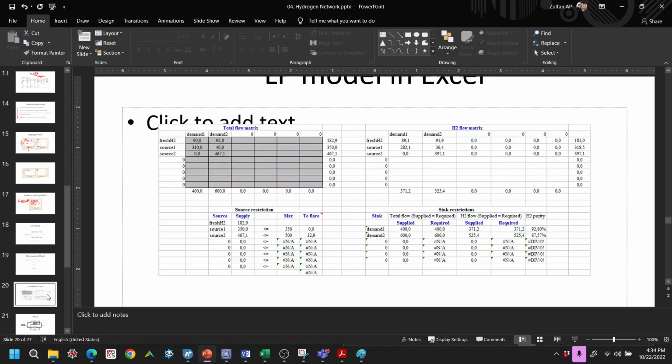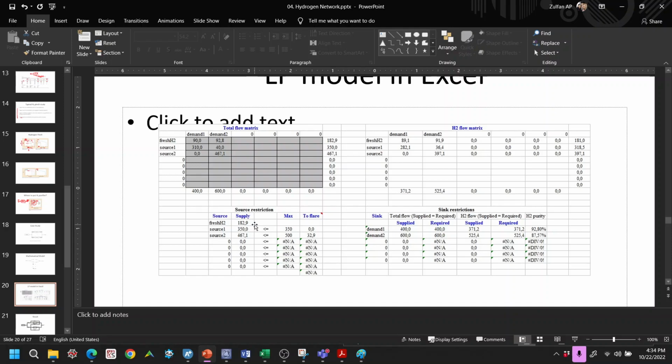So I put the results over here. So it's 182, right? So in this case, it's 90 to demand 1, and then 92.8 to demand 2. Different versions of solver solve it differently, because I think I explained briefly in the linear programming, you can have multiple combinations, but the total answer, the objective function, which is in this case the amount of fresh hydrogen, should be the same.